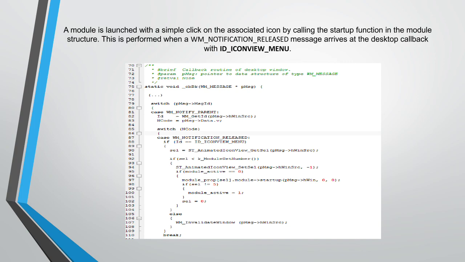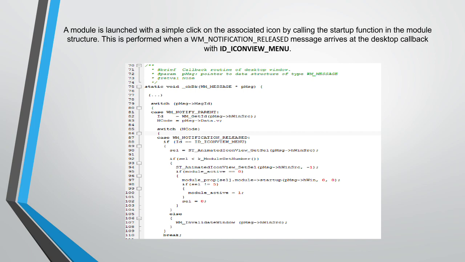Switch through that message. So WM_NOTIFY_PARENT, then Id and NCode. Switch NCode. So it's simple switch case statements. If Id is ID_ICONVIEW, do this ST animated icon view, and so on. Else WM_InvalidateWindow pMsg->hWin.Clone.